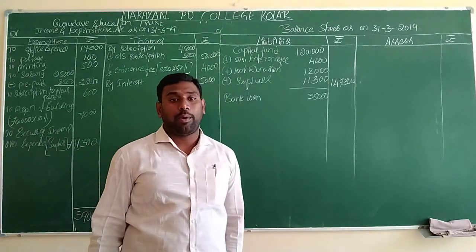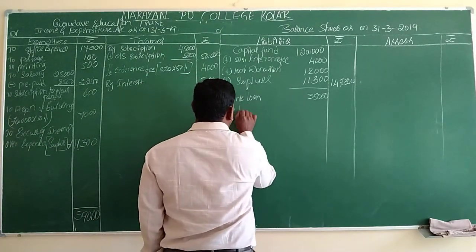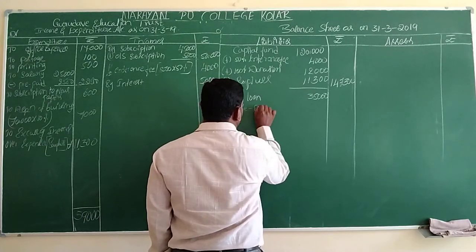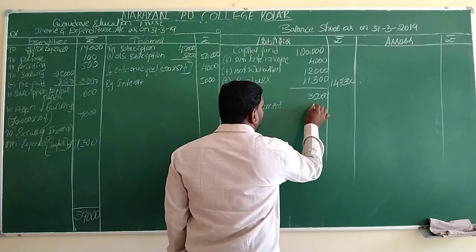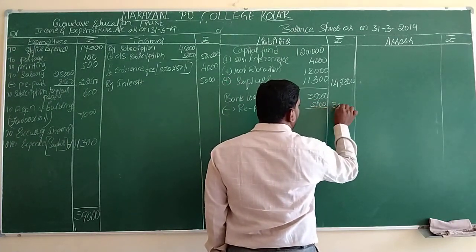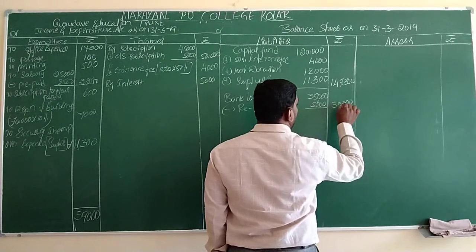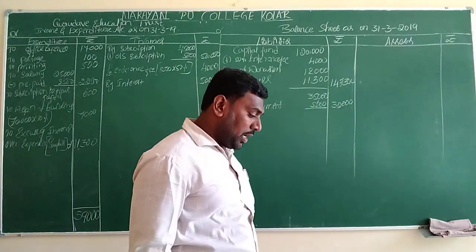What is the amount due to the bank? Minus repayment 5,000, so we are in debt for 30,000. 30,000 is the amount due to the bank.